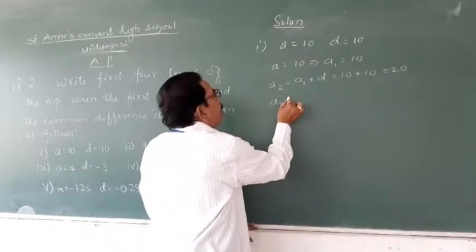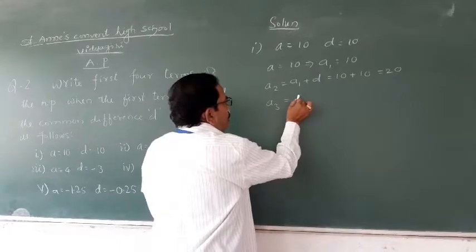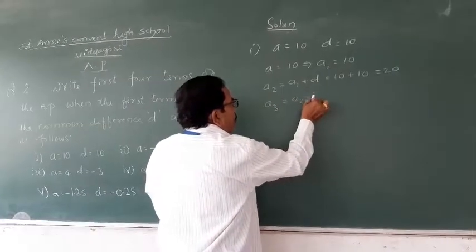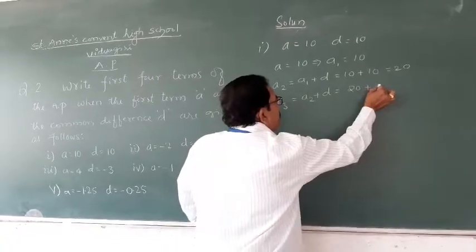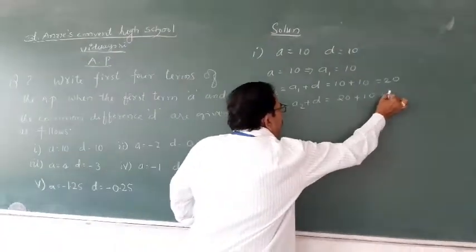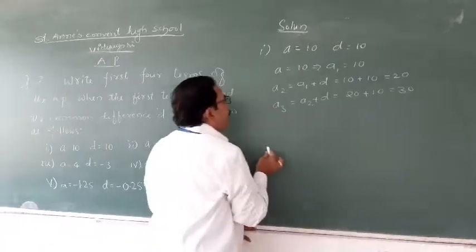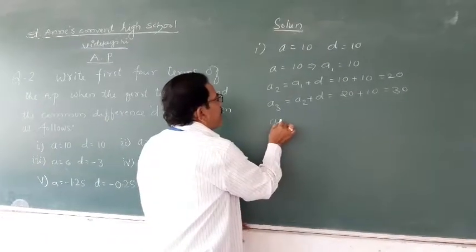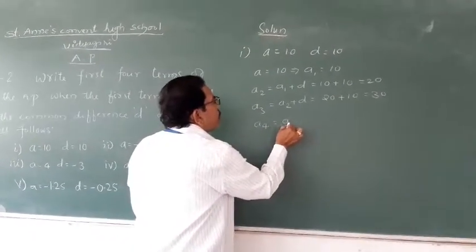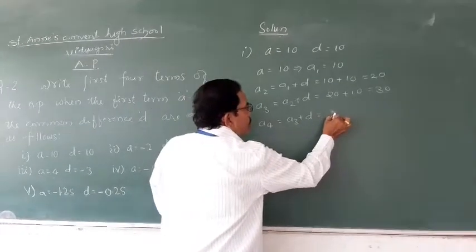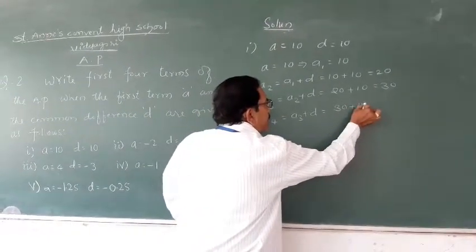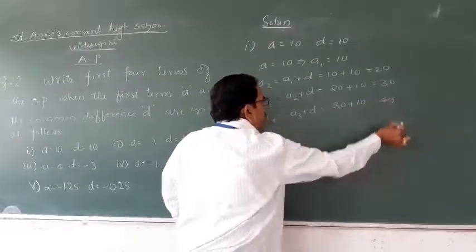Then A3 equals A2 plus D, A2 is 20 plus 10, that is equal to 30. Then A4 equals A3 plus D equals 30 plus 10, that is equal to 40.